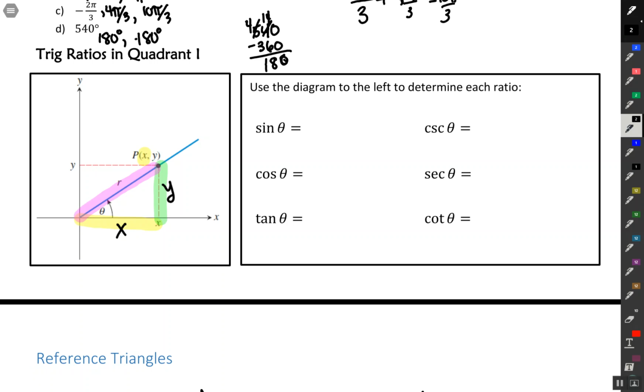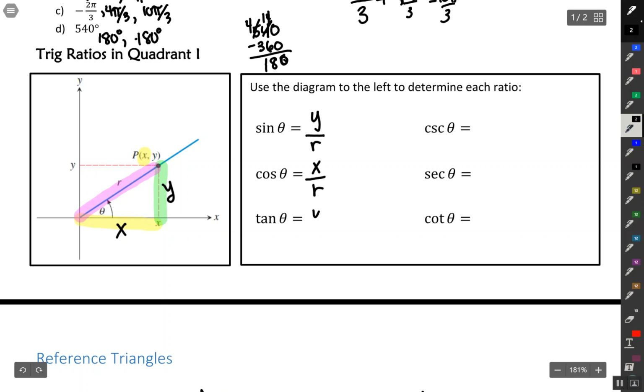So we have our 6 trig functions: sine, cosine, tangent, cosecant, secant, cotangent. Recall that cosecant is the reciprocal of sine, secant is the reciprocal of cosine, and cotangent is the reciprocal of tangent, okay? So start with sine is opposite over hypotenuse. So if our angle is here, our opposite is going to be y, and our hypotenuse is r. Cosine would be x over r.